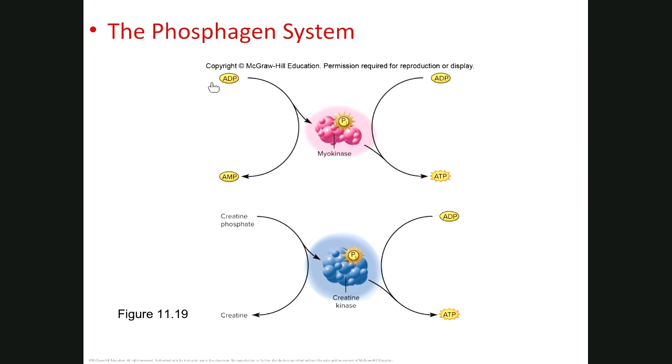What will be happening metabolically is, we need to produce the ATP, right? In order to do that, we grab an adenine diphosphate, which means two. It'll be acted upon by an enzyme called myokinase.